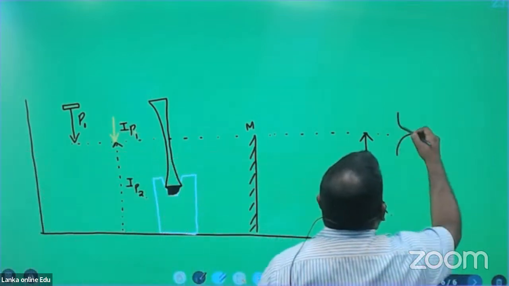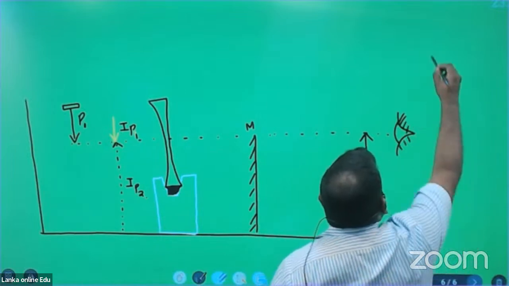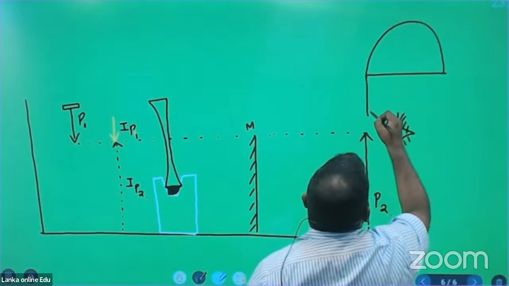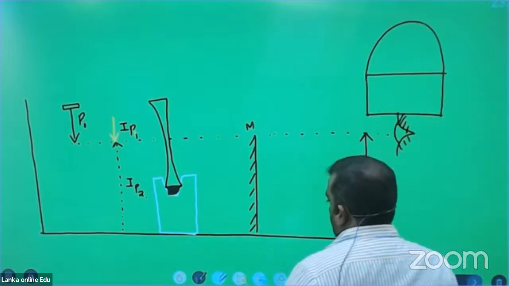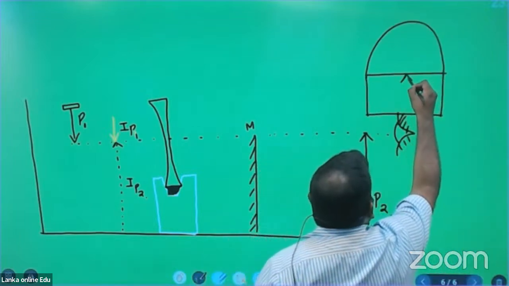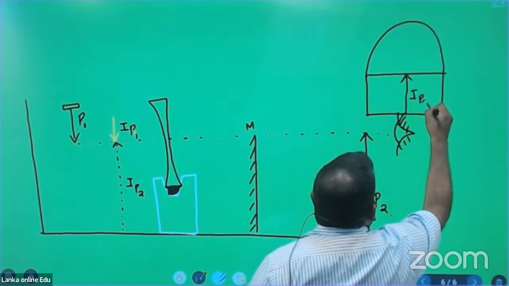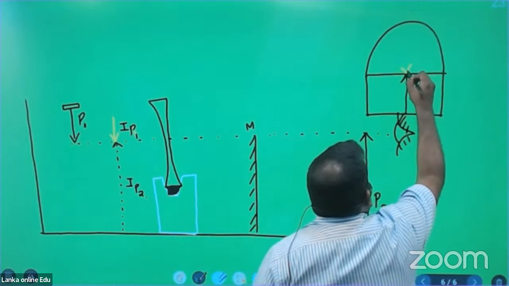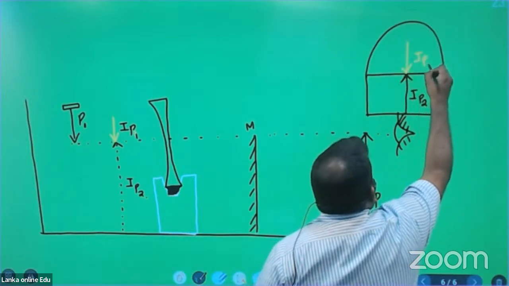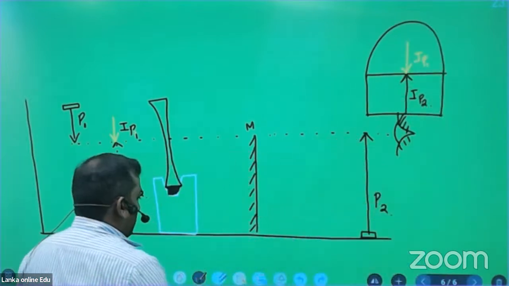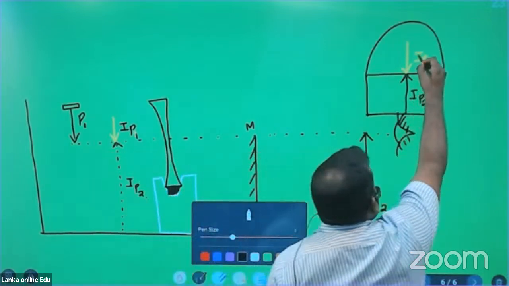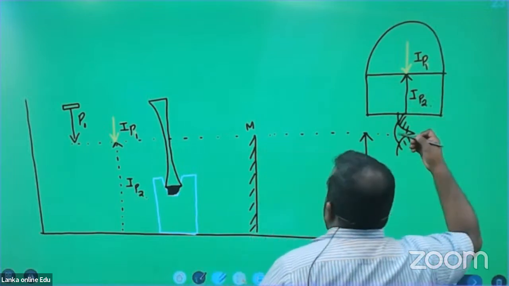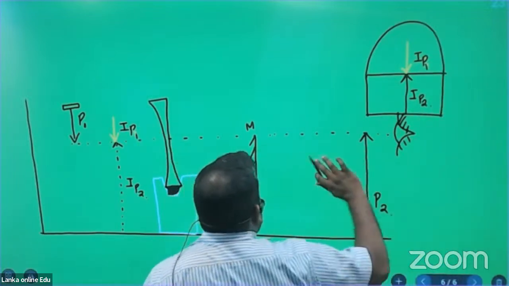Now when I look through this, half lens, half mirror, image of P2 is here, image of P1 is here. When I move the eye in the lateral direction, they are coinciding, no relative motion.